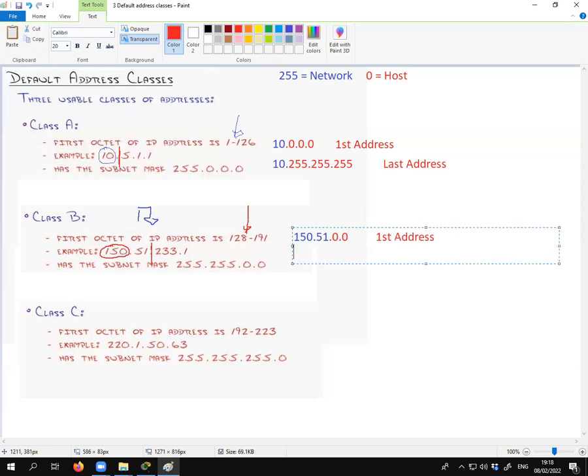So the last address will be what? 150.51.255.255. Yeah, that's it. Because what do they have in common? All these devices in the 150.51 network, they all live in the 150.51 network.